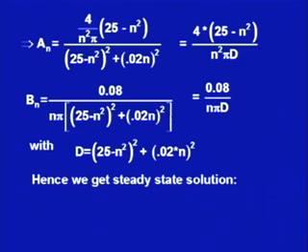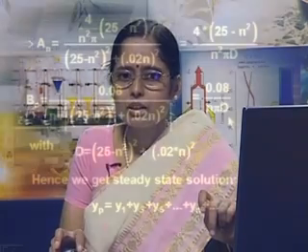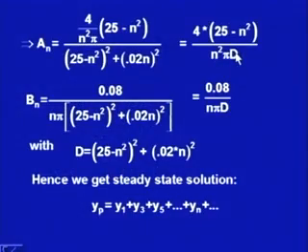So, we get the steady state solution for this modified differential equation, that is yp, where these coefficients a_n and b_n are given by these values, and the solution would be a_n cos nt and b_n sin nt.